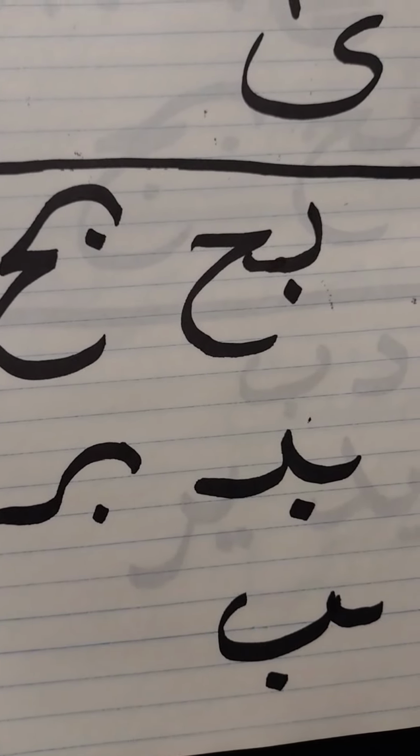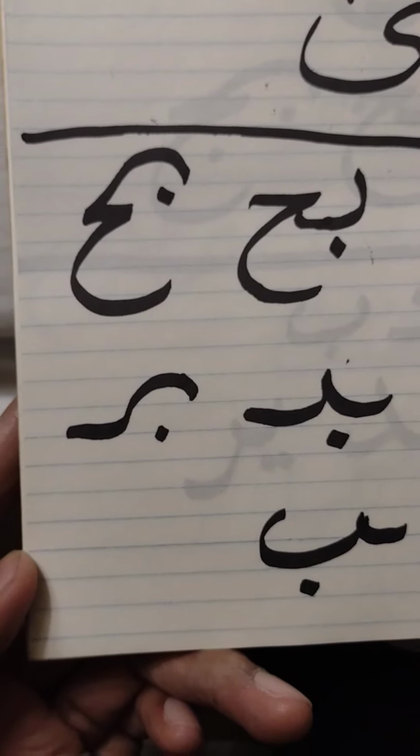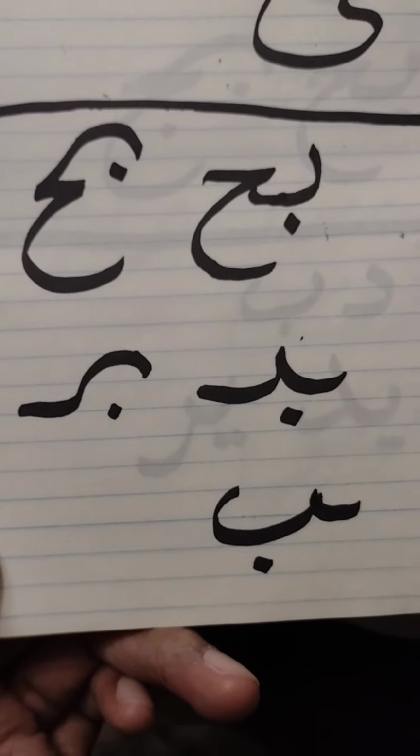And in the middle of the word, it's a chair. You retain the chair and the dot. And then also it can appear as a hump, so instead of a chair, you can assume the shape of a hump.